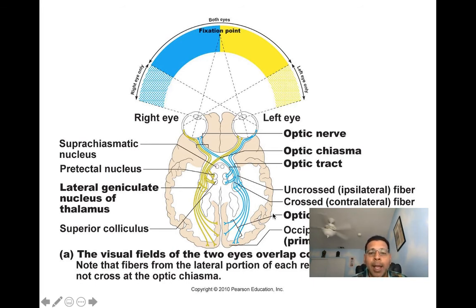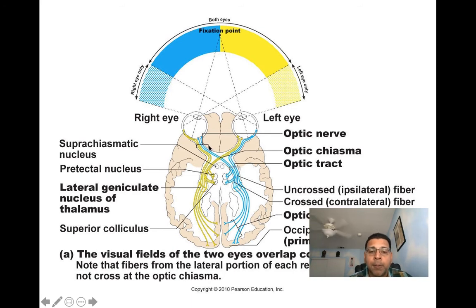So here let's look at our left optic nerve in greater detail, and then we'll look at the right optic nerve in greater detail. Now here we can see some of the fibers, the ipsilateral fibers, are going to stay on the left side, and they're going to continue back here to the lateral geniculate nucleus of the thalamus. From the lateral geniculate nucleus of the thalamus, we can see new fibers are going to make their way all the way to the primary visual cortex, which is found on the occipital lobe.